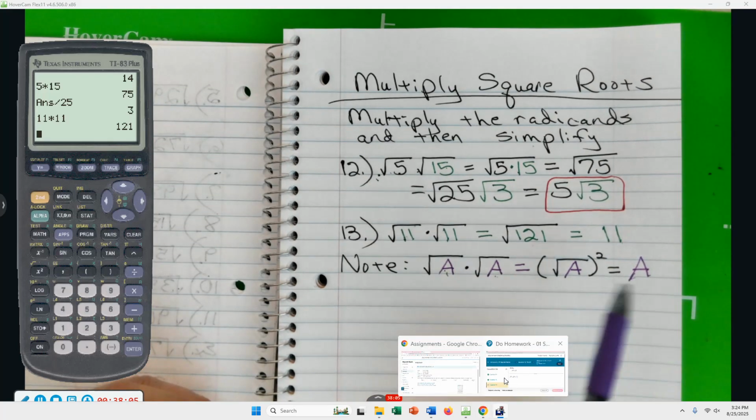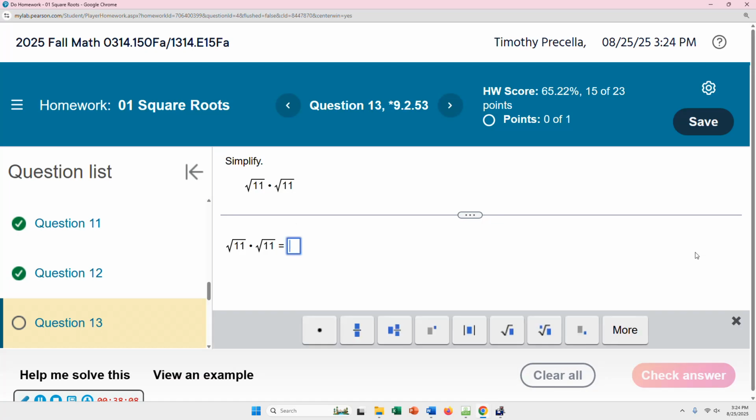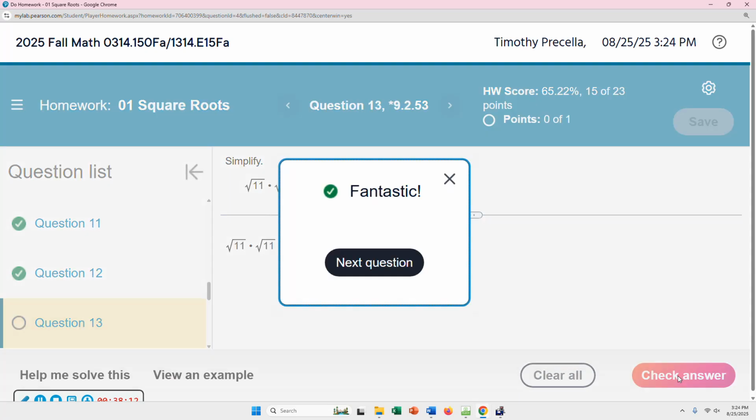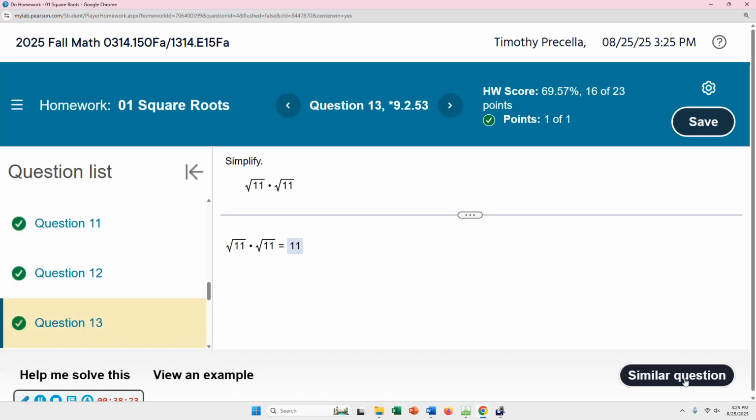Let me punch in the answer to number 13. And then sometimes students say, well, I want to do another one like that. How do I do another one without getting it wrong? It says similar question. Let's do another one.